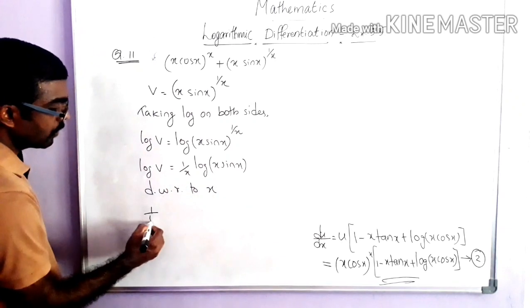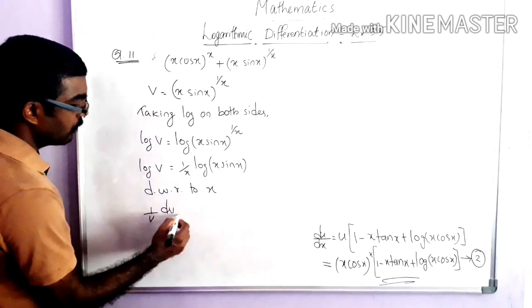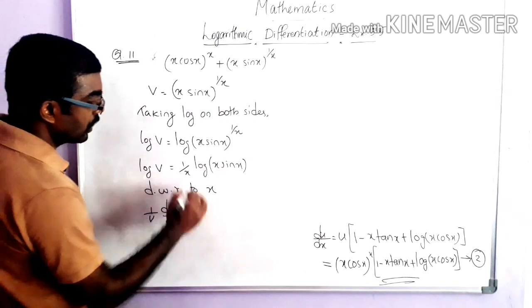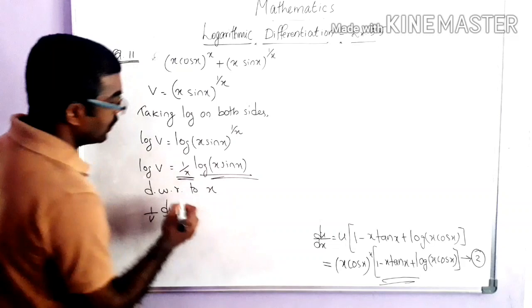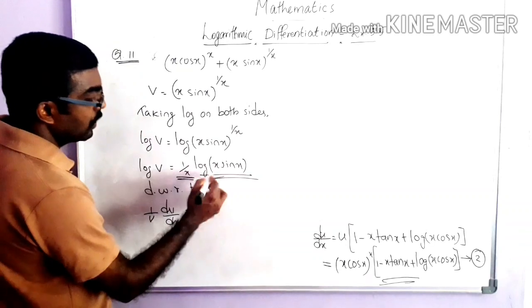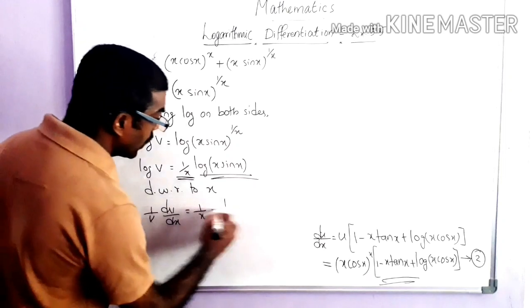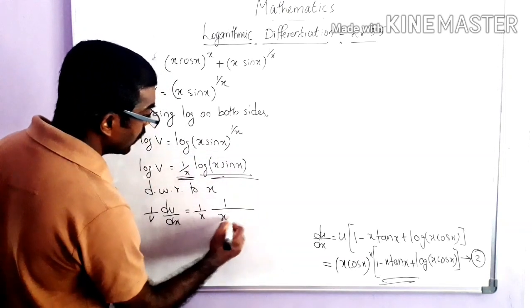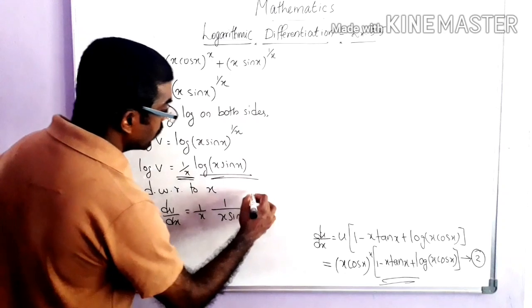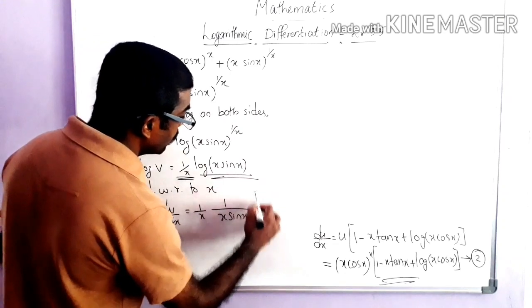Log v derivative 1 by v into dv by dx, which is equal to, here product rule, 1 by x first function, log x sin x second function. Log x derivative 1 by x, so we can write 1 by x sin x. So again we have to apply the chain rule.